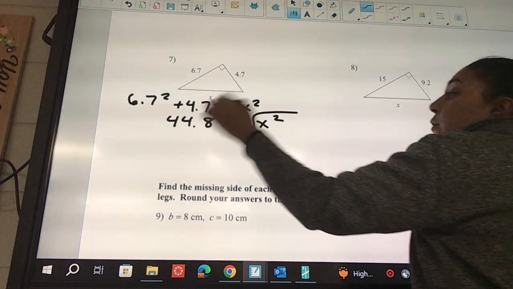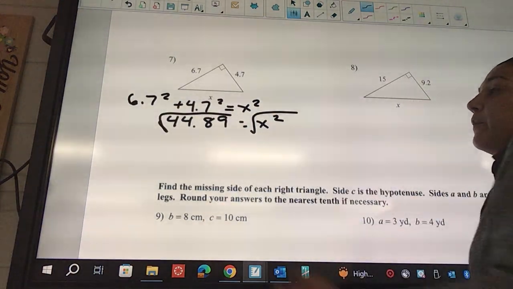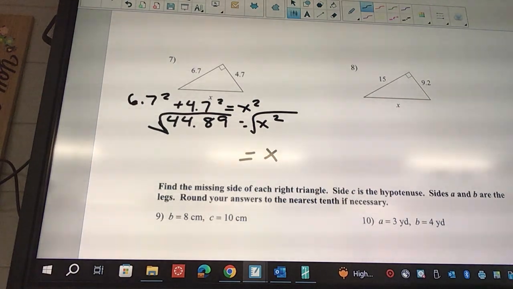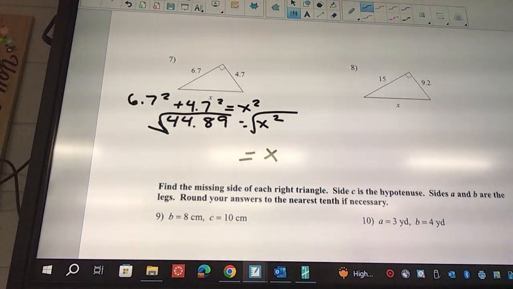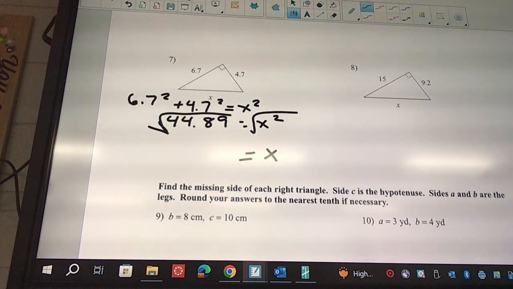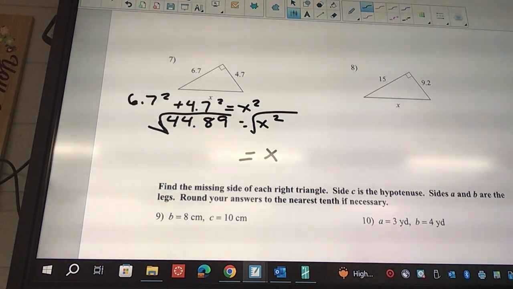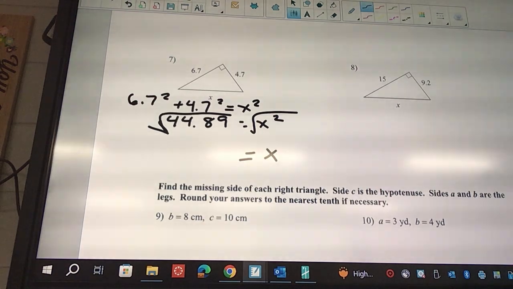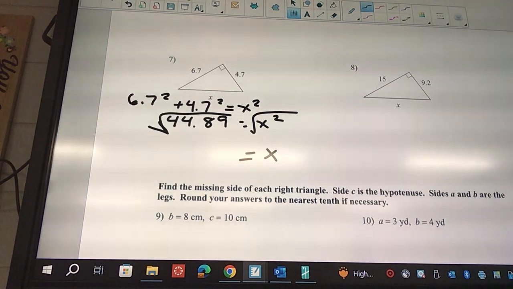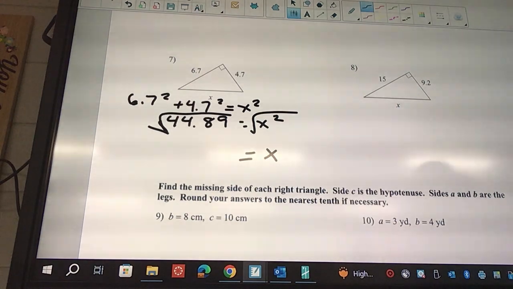Okay, and then we're going to square root both sides. What is the square root of 44.89? 6.7.